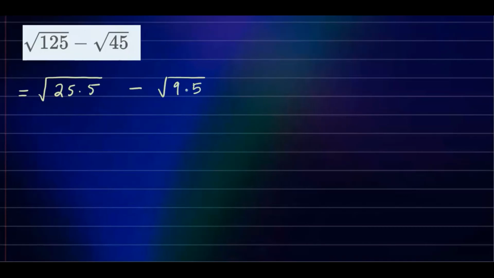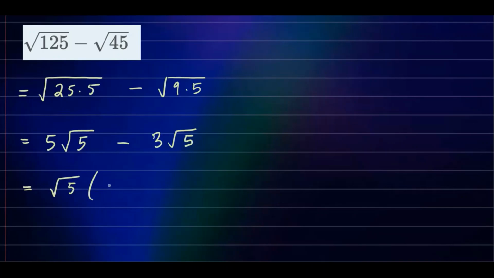Then the square root of 25 will come out as a 5, because 5 times 5 is 25, and we still have the square root of 5. Minus, and then 9 will come out as a 3, and you still have the square root of 5 in there. Now by pulling out the like radical, which is the square root of 5, you factor out their coefficients, 5 minus 3. Then 5 minus 3 gives us 2, so we have the square root of 5 times 2.